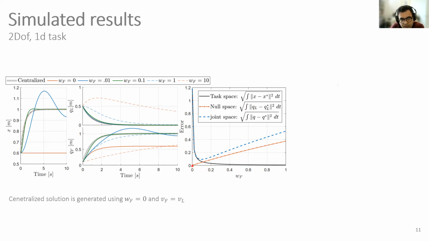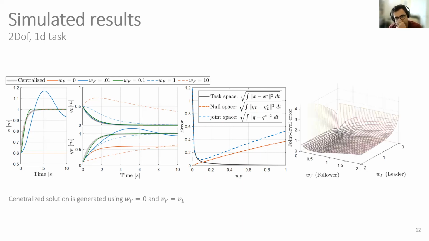So this is the minimum. For this first one, we want to move this way. And if we look at the joint space, we see that the solution is minimized somewhere around here, where the solution really resembles the solution of the centralized case.